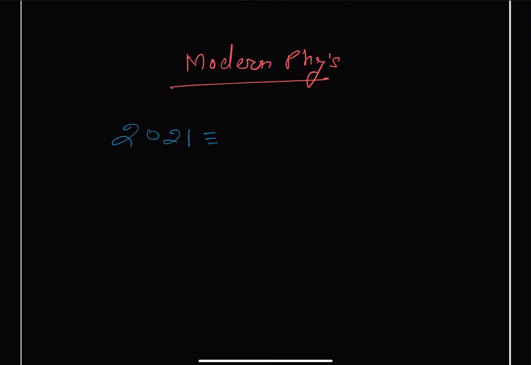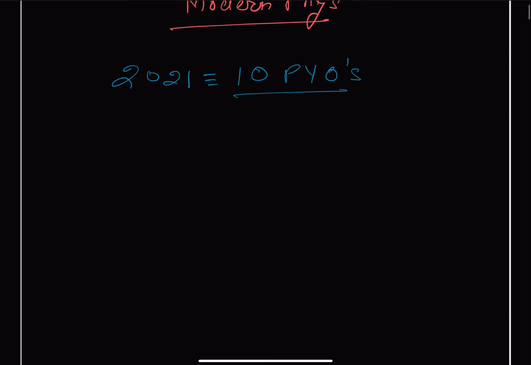And in total we are going to solve 10 questions. In these 10 questions, we are going to have 6 questions from the mains and 4 questions will be from the advanced.